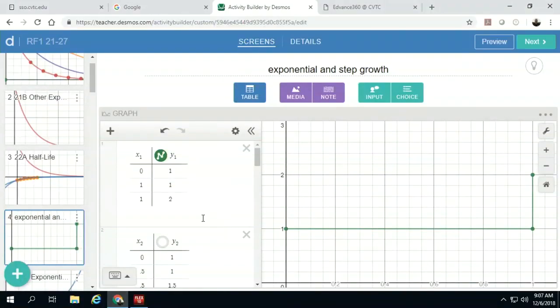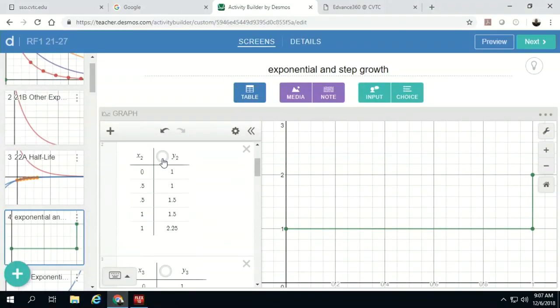Here's where compounding comes in. Now, I'm going to compound it every half a year. So in other words, I'm going to start at my $1. I'm going to go over to halfway through the year. I'm not going to double it. Why not? Because I'm not going to double it until the whole year is done.